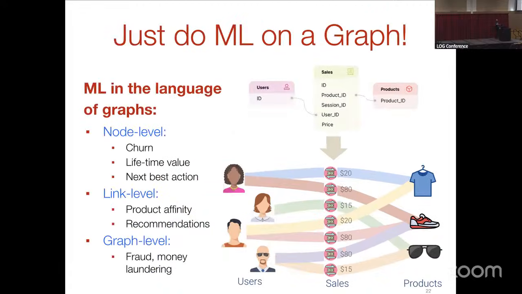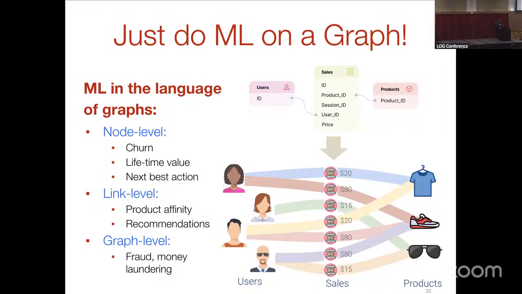Now, what is super cool about using the graph machine learning framework, or the graph machine learning language, is the fact that it's so rich that it can model many significant predictive tasks as graph learning problems. For example, user churn, user inactivity, or user lifetime value, or next best action can be cast as a node level task.